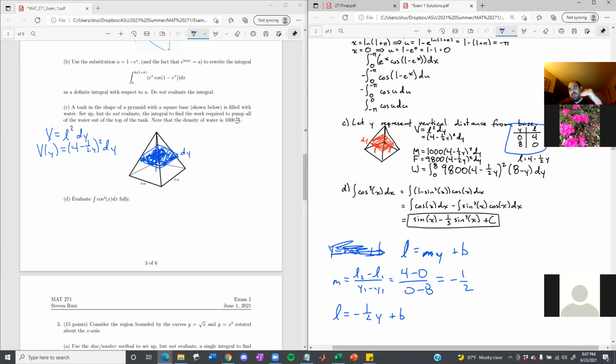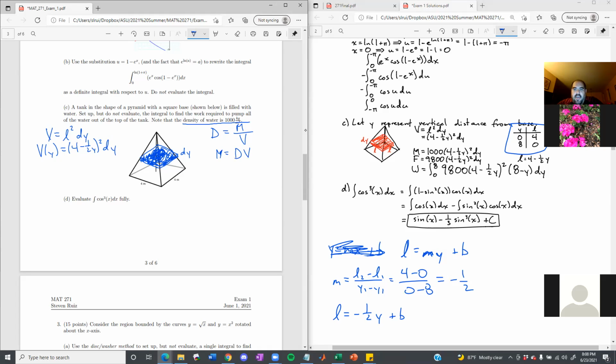So the next step I want to take on top of that is the mass. And I will direct your attention to this, the density of water. So density is equal to mass divided by volume, which means that mass is equal to density times volume.